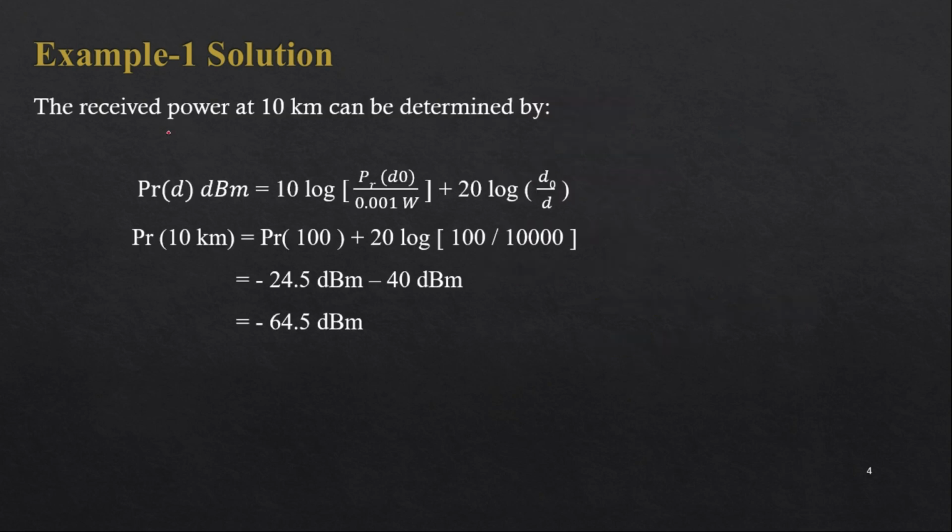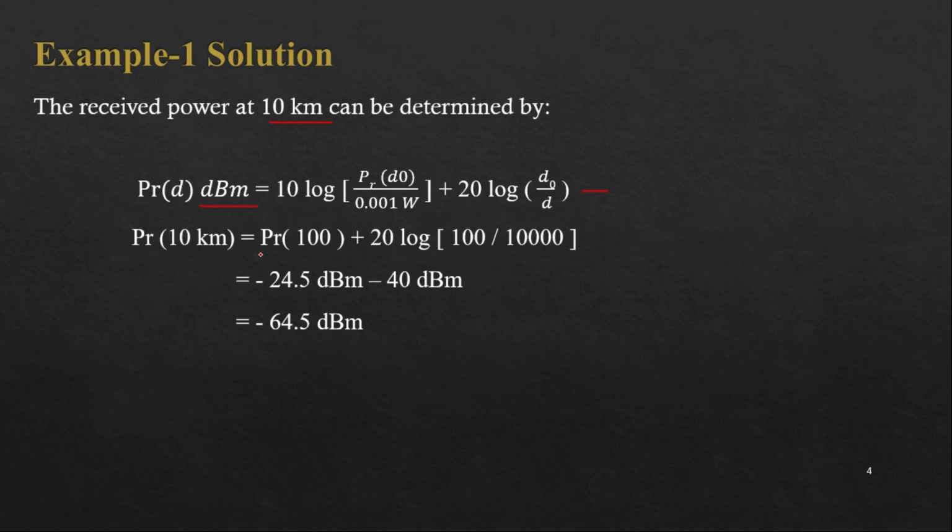Now we will calculate the received power at 10 kilometer distance. So PR(d) in dBm is 10 log PR(d0) divided by 0.001 watt plus 20 log d0 by d. This is what we discussed in the previous lecture.